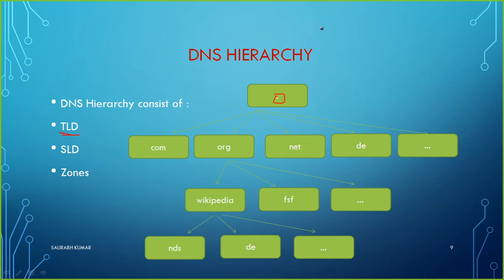We have the fully qualified domain name something like www.wikipedia.com. After even .com there is a dot. We generally ignore it, we don't even need to type it when we are browsing a website, but it is there. This dot is the top level, the root.